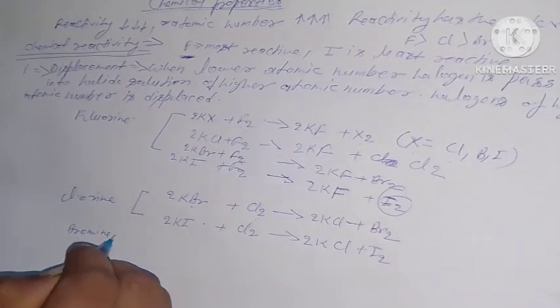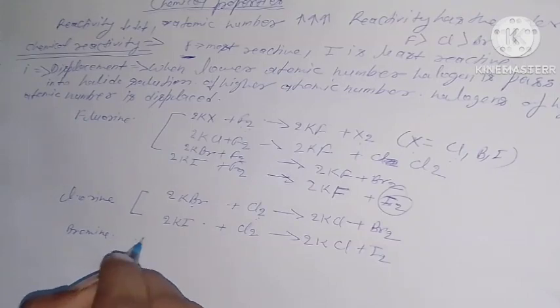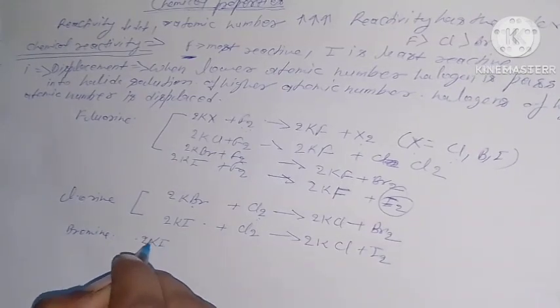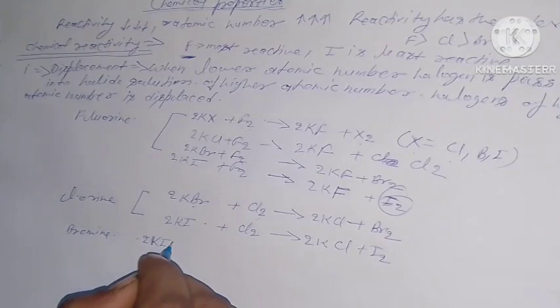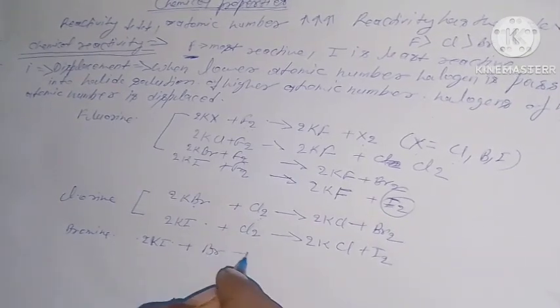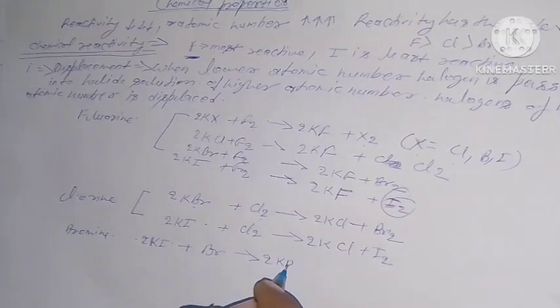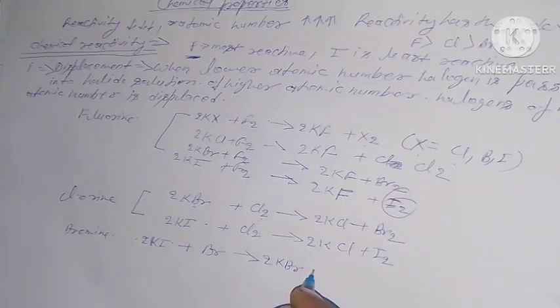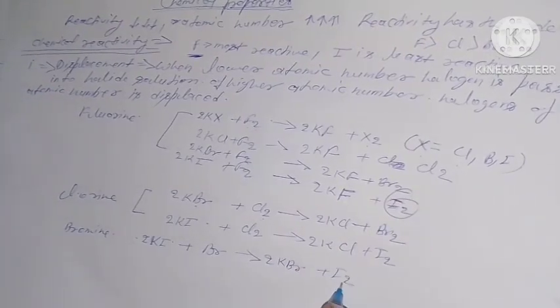Next element, bromine. 2KI, potassium iodide, plus Br2 gives 2KBr, potassium bromide, plus I2.